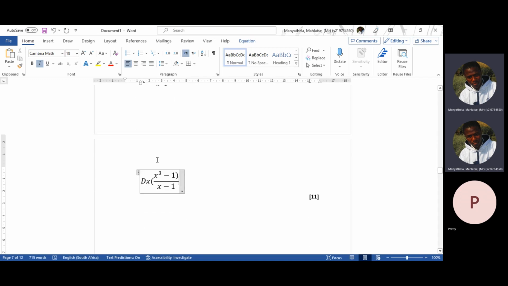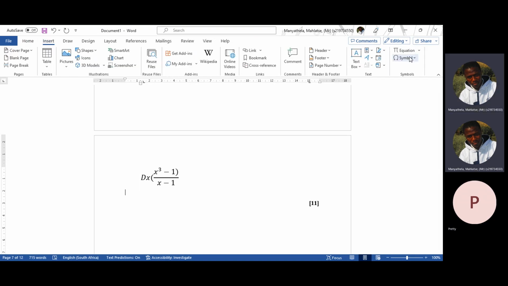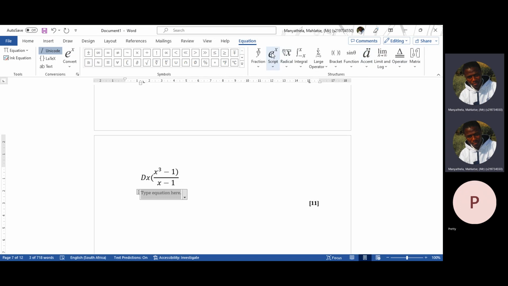So if you are differentiating a question like that, the first thing that you're supposed to do is to simplify the numerator, because you have x cubed minus 1. So x cubed minus 1 is a difference of two cubes.